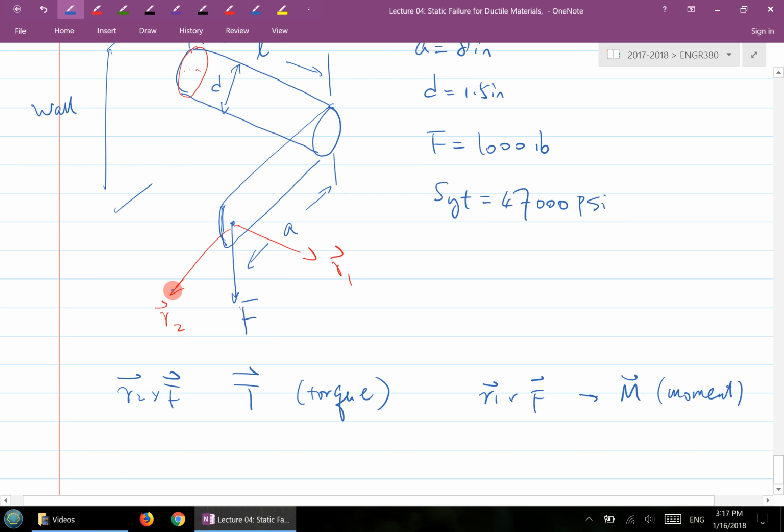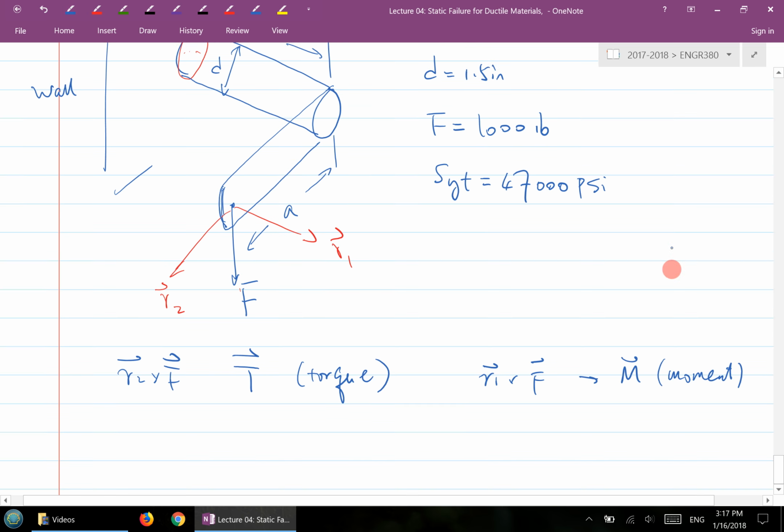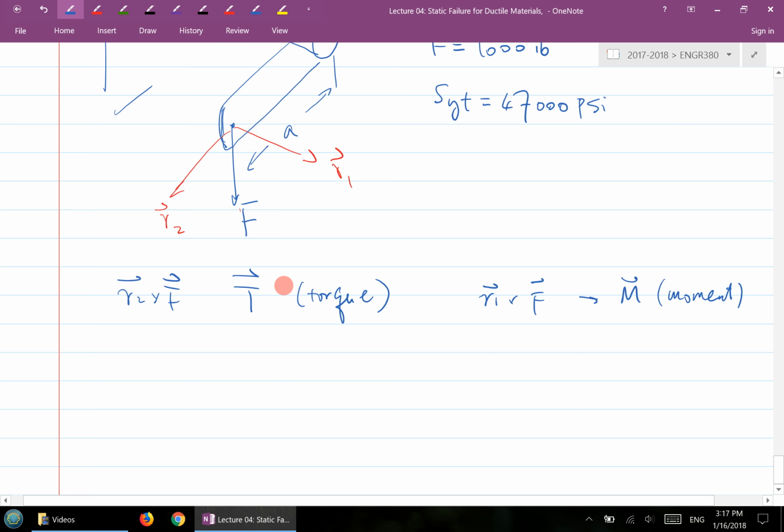The simple answer is you call it torque when it tries to cause the bar or the rod to rotate about the center axis. But torque is basically a special case of moment, essentially. So symbol-wise, that's it.